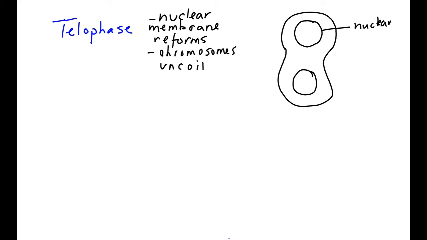So we have our nuclear membranes reforming. And your chromosomes are now uncoiled into chromatin again. So your DNA is uncoiled.